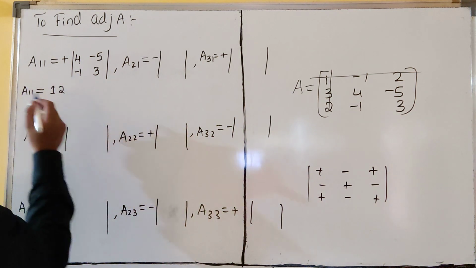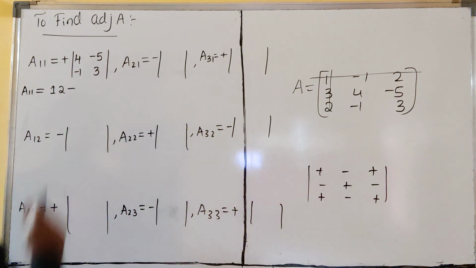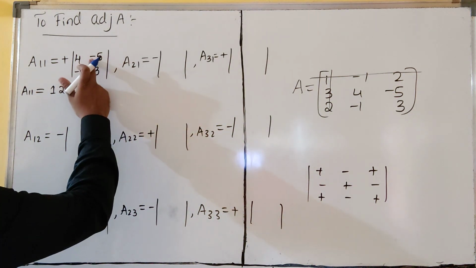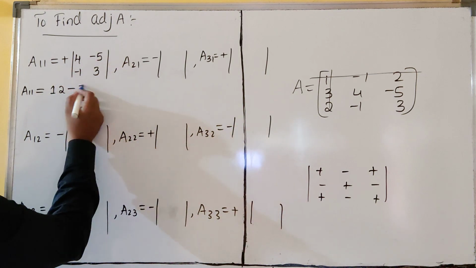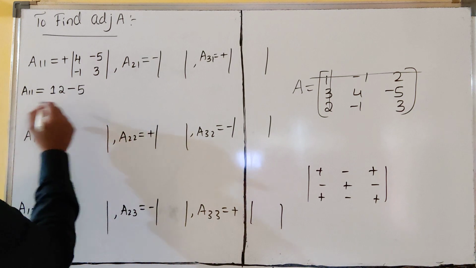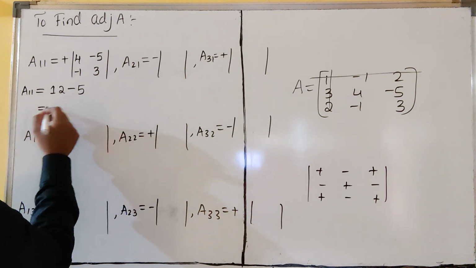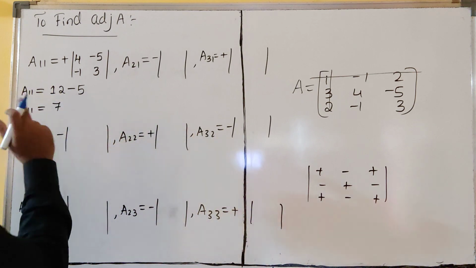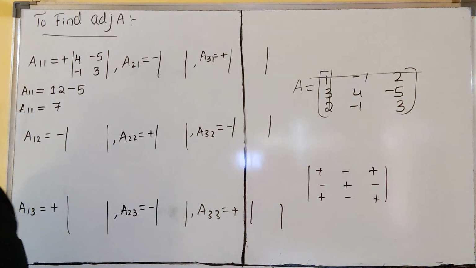A11 I am finding. Next the minus sign I will write before multiplying this and this. Minus into minus is plus, 1 5 are 5, dear students. So how much will we get? 12 minus 5 is how much? 7. A11 I got 7.